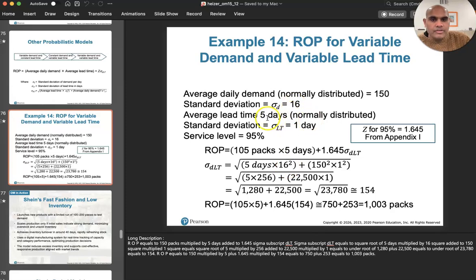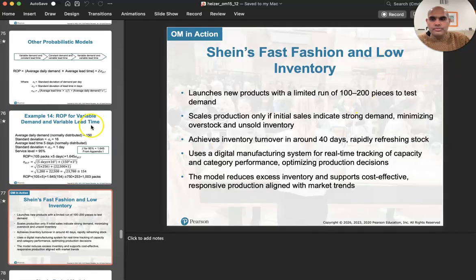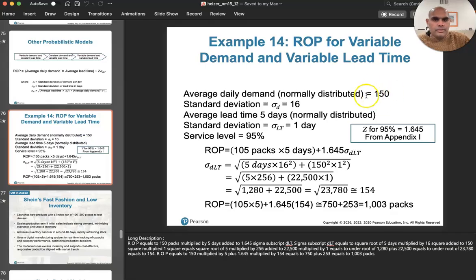So you take the average lead time, multiply that with the standard deviation of demand squared. To that you add the average daily demand squared, multiplied with the square of the standard deviation of lead time. So you multiply those numbers together, you add them together, you take the square root, and it'll come out to be approximately 154.